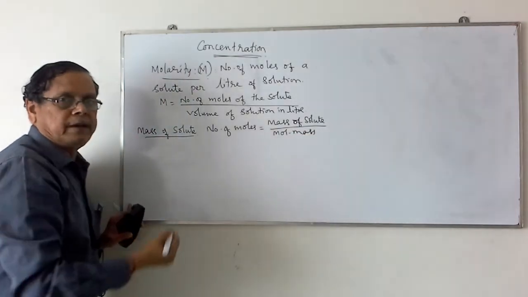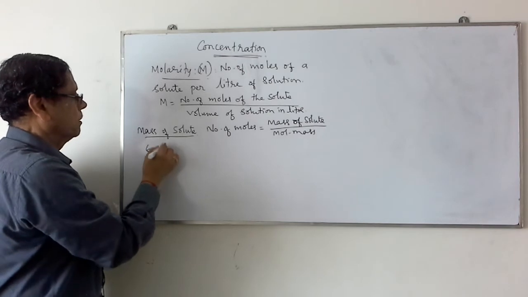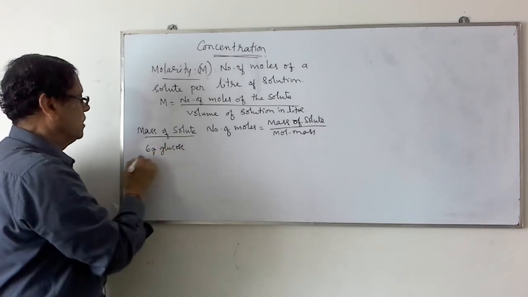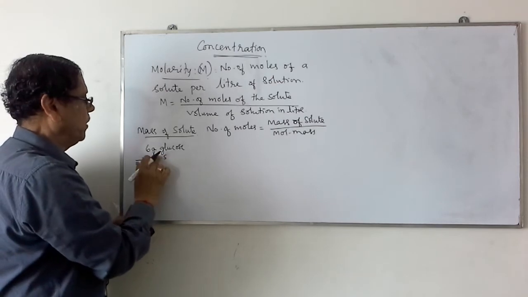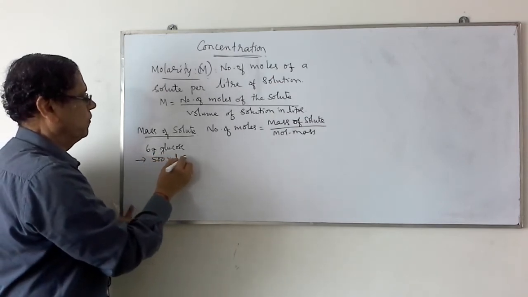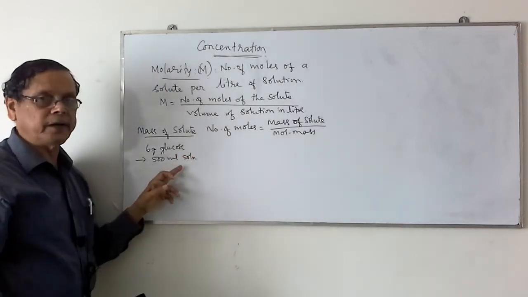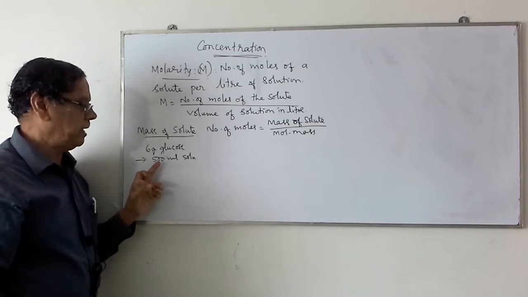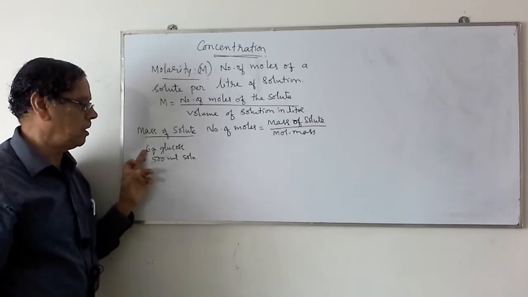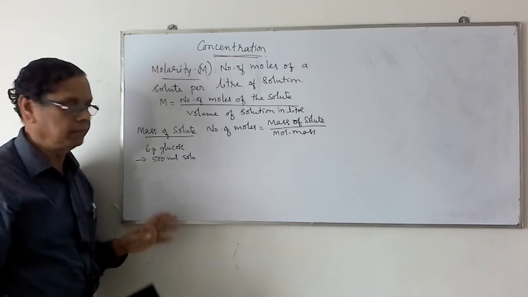Suppose I am giving you 6 grams of glucose dissolved in 0.5 liter or 500 ml of solution. I am not taking directly 500 ml of solvent. First I am taking a small amount of solvent and dissolving 6 grams and making the solution up to 500 ml or half liter.